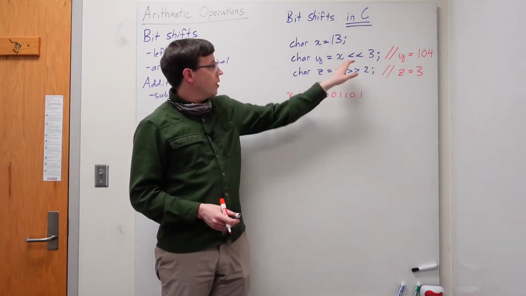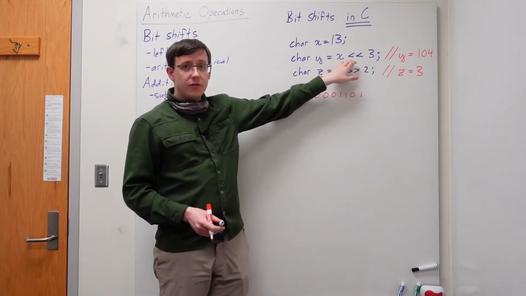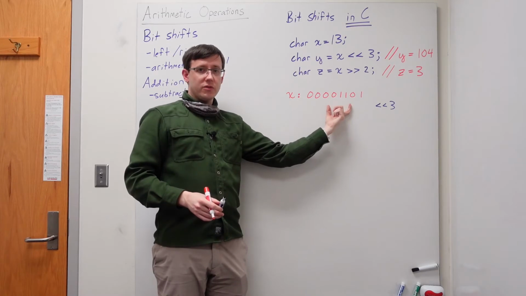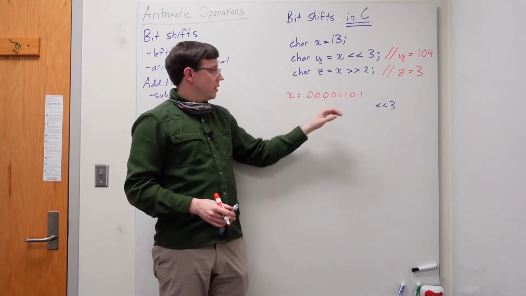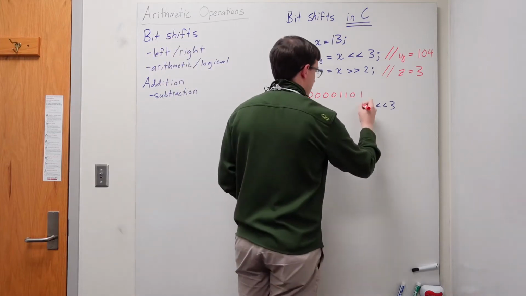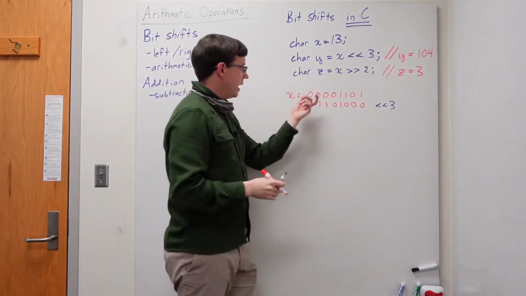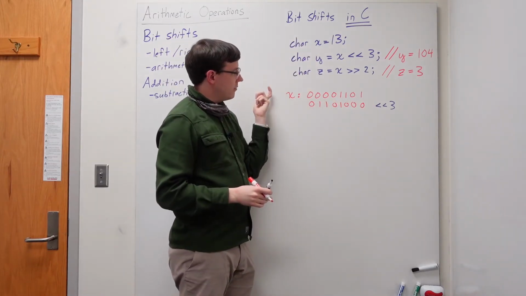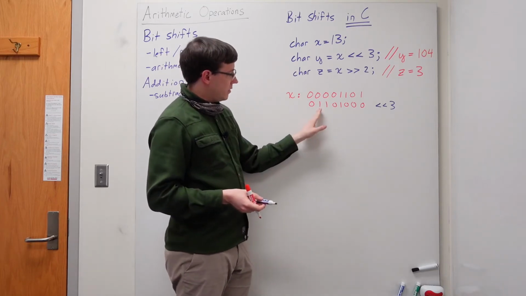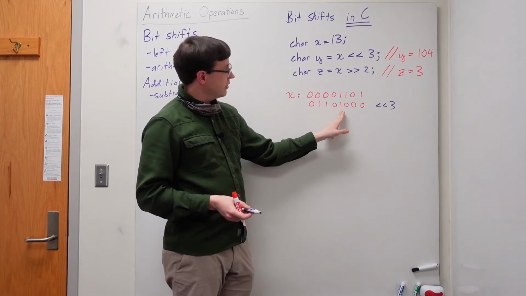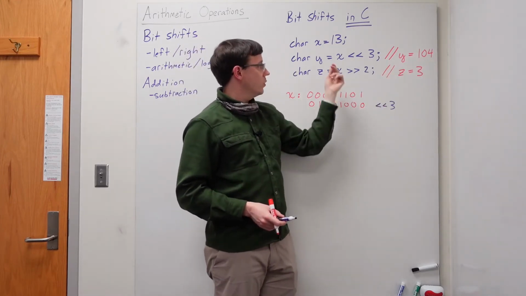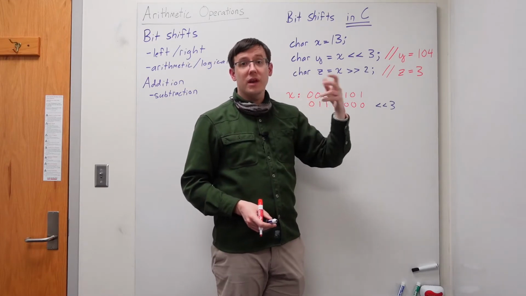When we perform a left shift by 3, we move all of the digits of x 3 places to the left and fill in zeros from the right-hand side. Any digits pushed off the left end are lost. And so this value is 64 plus 32 plus 16, which is 104, which corresponds to x times 8.